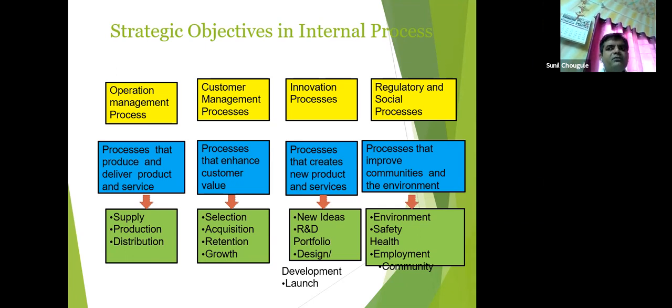That may be a distillery, mineral water plant, Coca-Cola, Thums Up, or any other product which is manufactured and stored in proper conditions. Supply, production, distribution, these are all operation management processes.